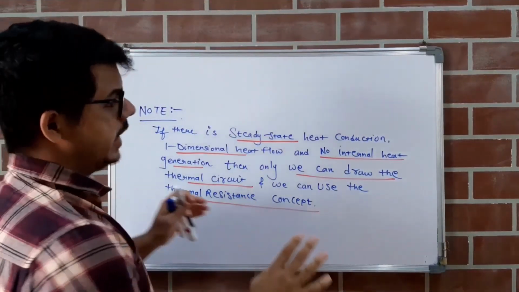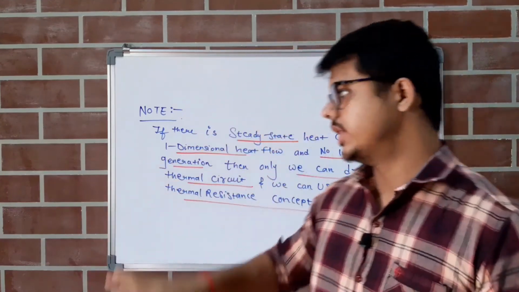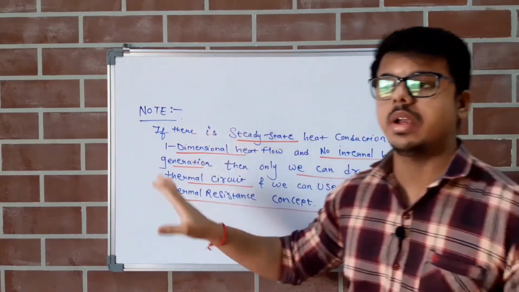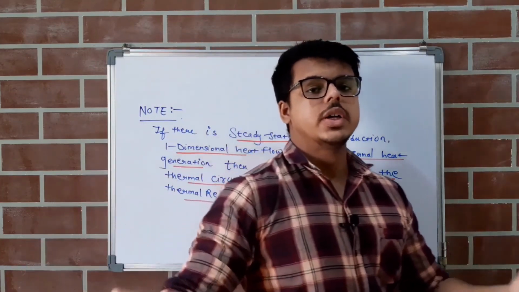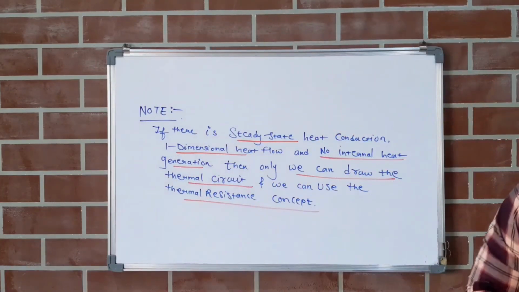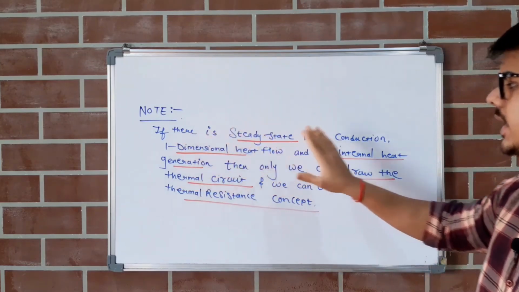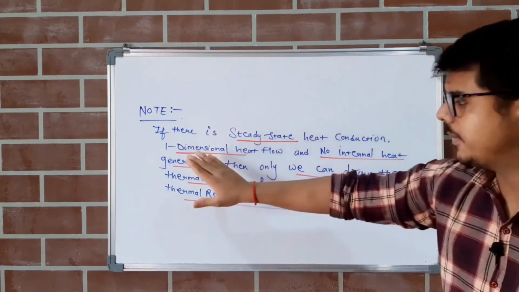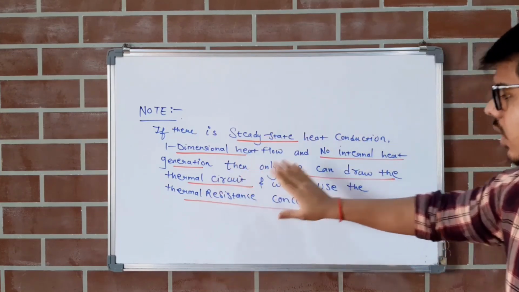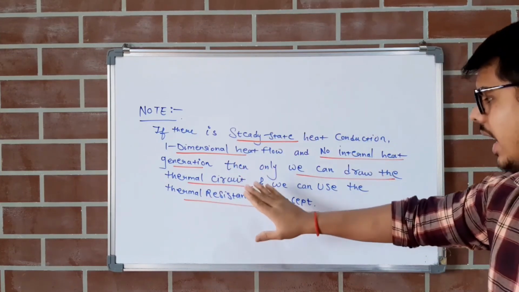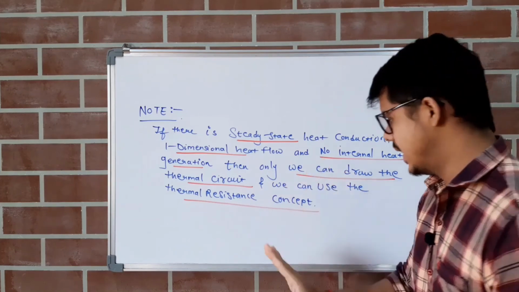Now the last part, but not the least, this is the important part, and this is applicable in the case of walls and in case of cylinders and in case of spherical walls also, right? So if there is steady state heat conduction, one dimensional heat flow and no internal heat generation, then only we can draw the thermal circuit and we can use the thermal resistance concept.